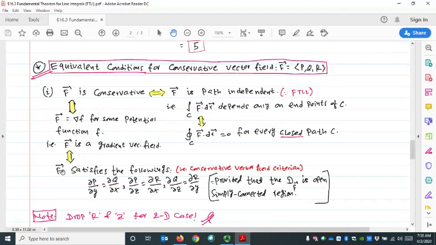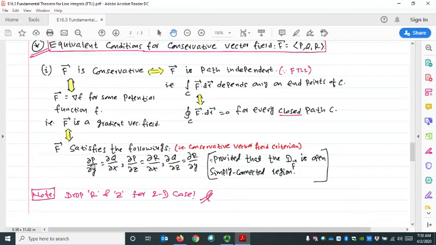This is if and only if f satisfies the following, which we call the conservative vector field criterion: partial derivative of P with respect to y equals partial derivative of Q with respect to x, partial derivative of P with respect to z equals partial derivative of R with respect to x, partial derivative of Q with respect to z equals partial derivative of R with respect to y, provided that the domain of f is an open simply connected region. It's great. And drop R and z for the two-dimensional case.